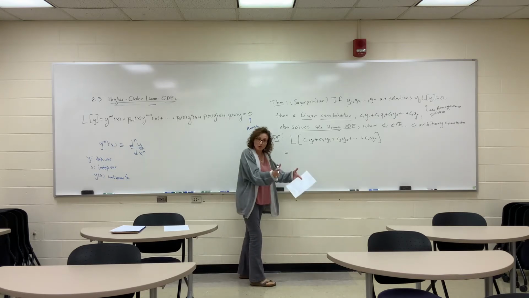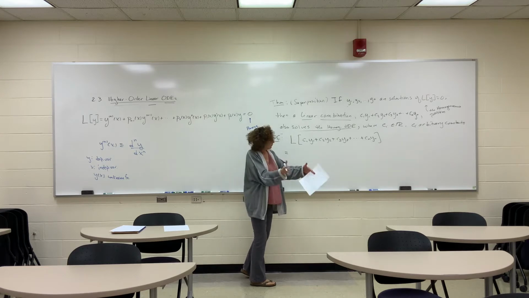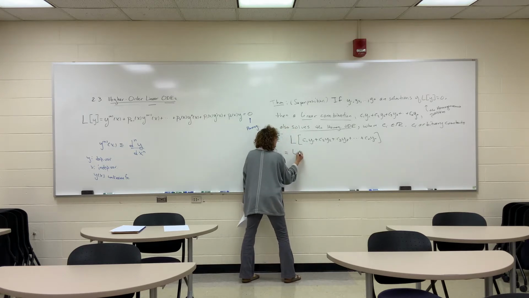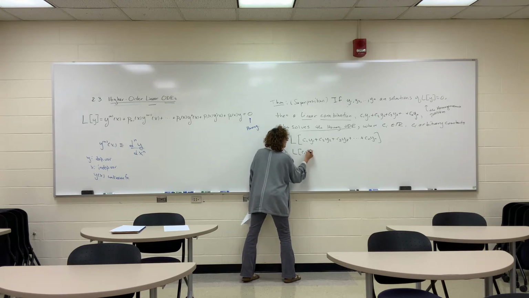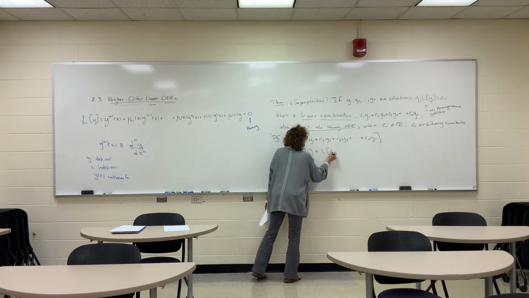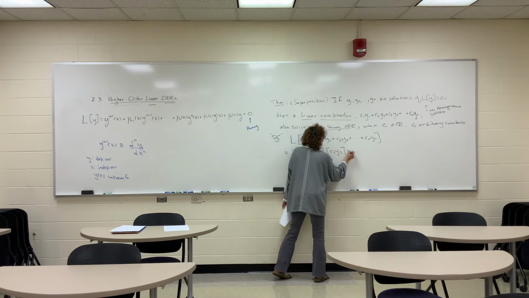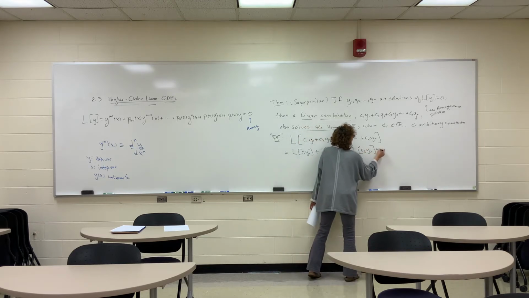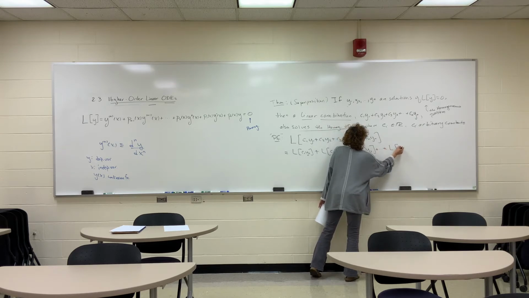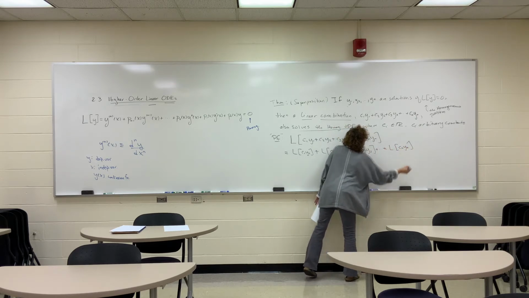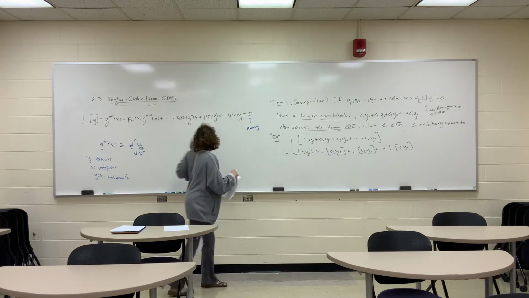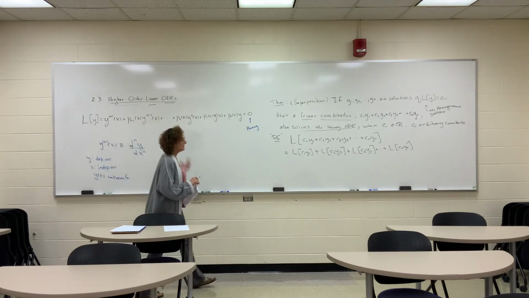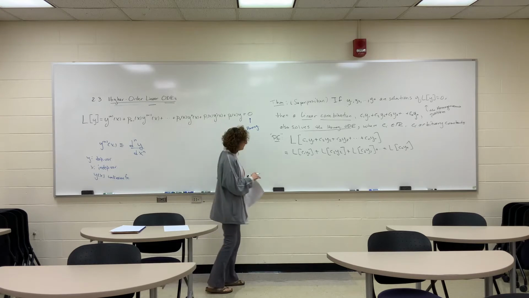That distributes, the derivative distributes across a sum, right? So we can say that this is the same as L of C1y1 plus L of C2y2, right? Plus L of C3y3 plus L of Cnyn, right? That would be the same if we just plugged in each individual guy separately, which we did do back in the second order.